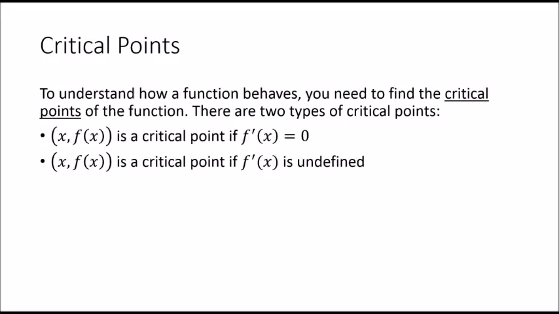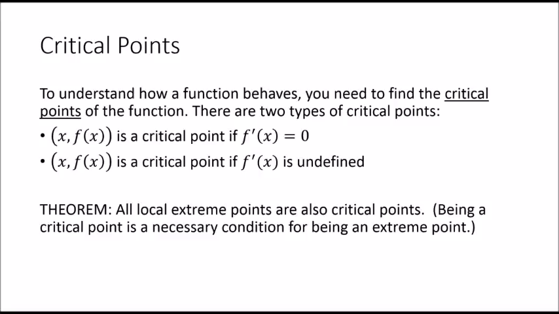We have a very, very useful theorem that explains why we care about critical points, and that is basically that all local extreme points, all local minima, all local maxima are critical points. The reverse does not hold. So there are critical points that are neither local minima nor local maxima. To use the necessary and sufficient language here, being a critical point is a necessary condition for being an extreme point.